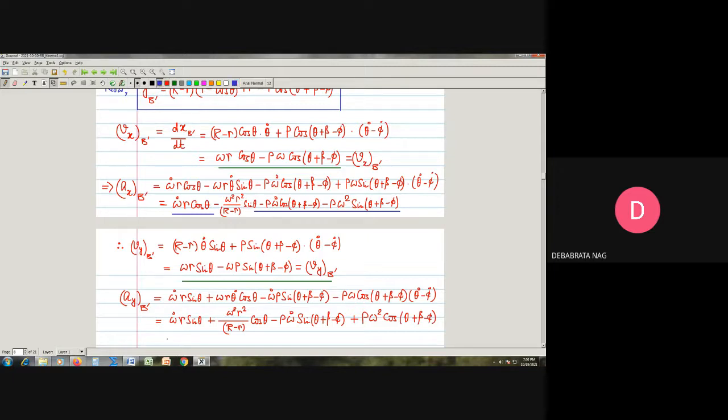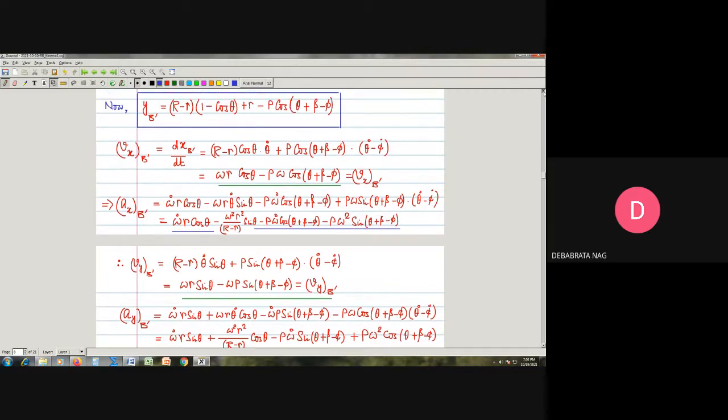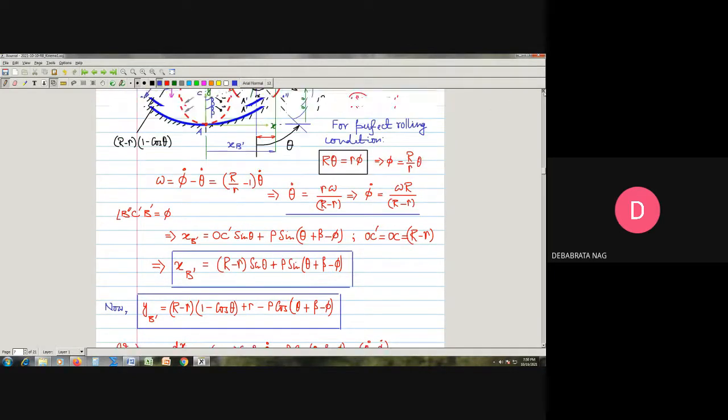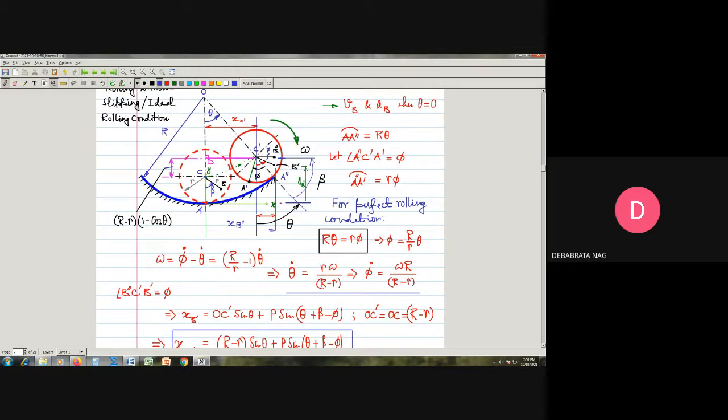Very complicated, no doubt about it, and difficult to analyze are the two expressions for the accelerations. But again, we need to stress that we have calculated the velocity and acceleration of this point B dash when it has come to this location, on this body at this position when it has traveled by this distance theta.